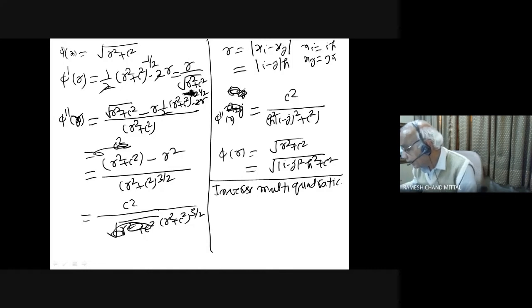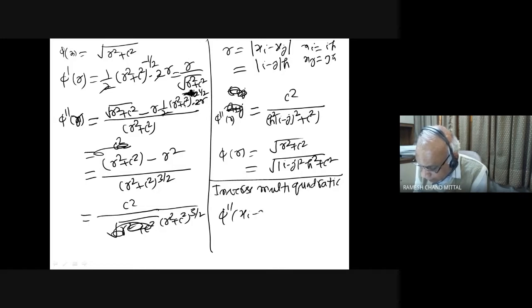So when I write this way, then you have something like this. I am writing phi double prime of xi minus xj for inverse multi-quadratic. Let me write the function first. So 1 upon r square plus c square.